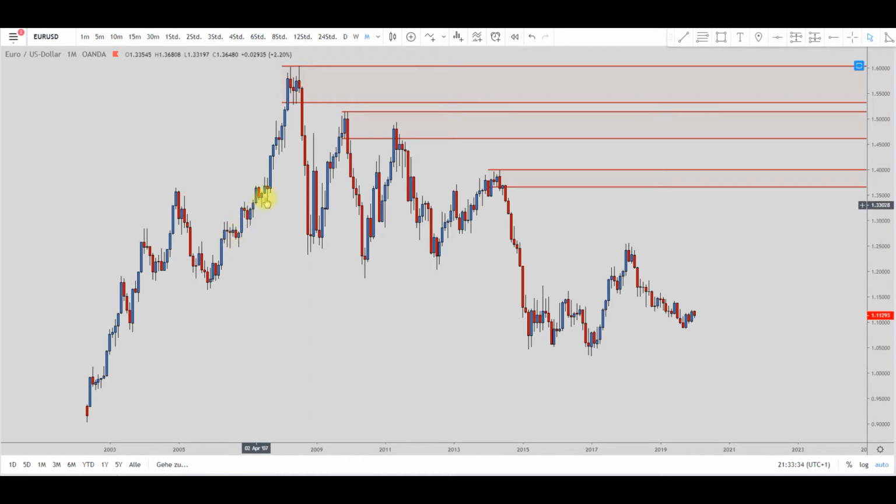As we can see, different demand zones. The last important demand zone was around here.